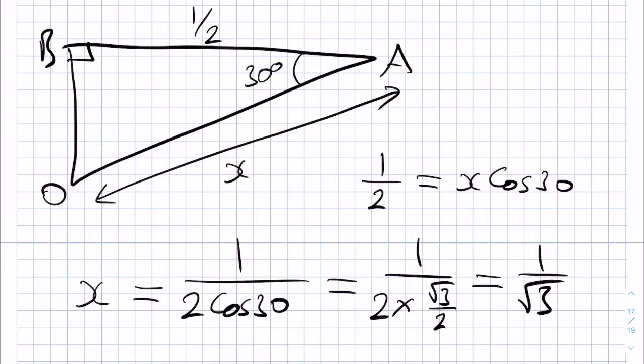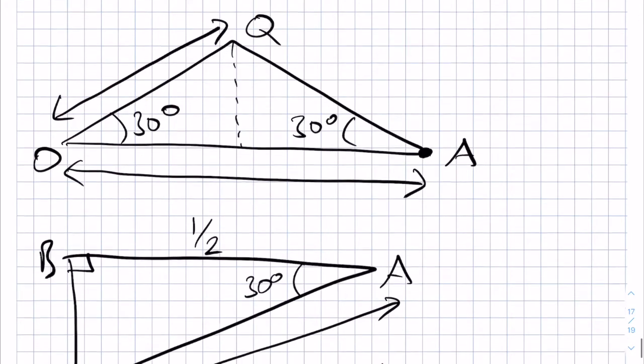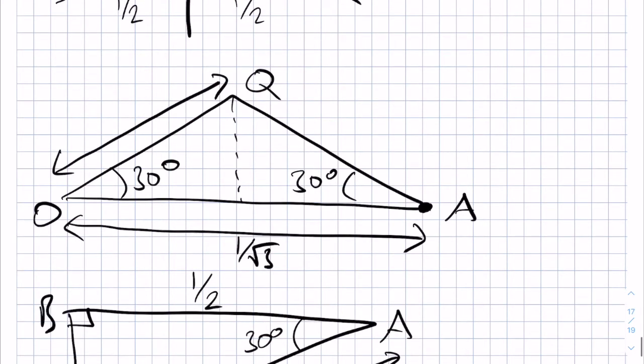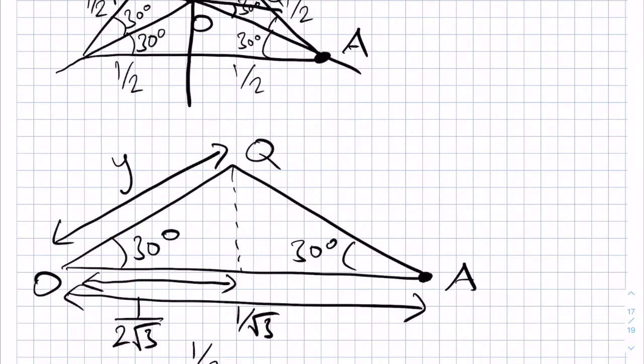Then we can use this length O to A, which we called x, in the diagram above. Namely, we have 1/√3 for this length here. In particular, this length here to here is 1/(2√3) by halving.